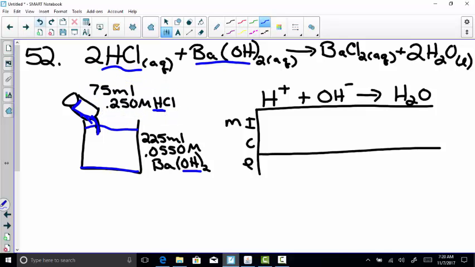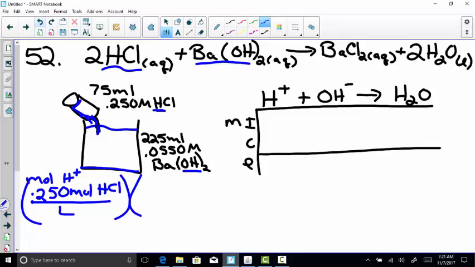So the first thing to do is to find the moles of the hydrogen ions. So that's what we're going to do. We're going to find moles of H plus ions. So you have 0.250 mole of HCl solution per liter, times 0.075 liters of that solution.